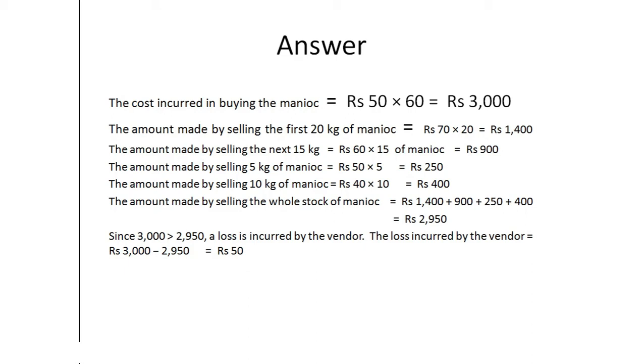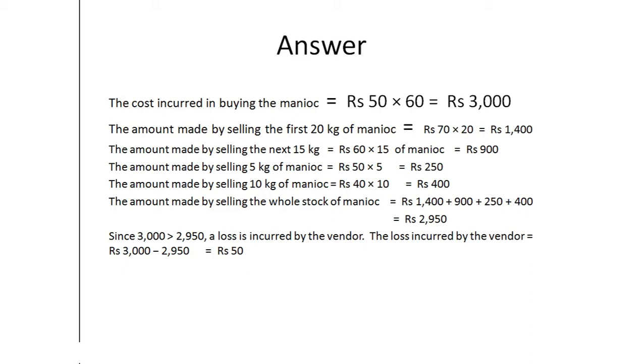The amount made by selling the first 20 kilograms of manioc: he sold 20 kilograms at 70 rupees, so 70 into 20 is 1400 rupees. The amount made by selling the next 15 kilograms: 60 rupees into 15 kilograms, 60 into 15 is 900 rupees.